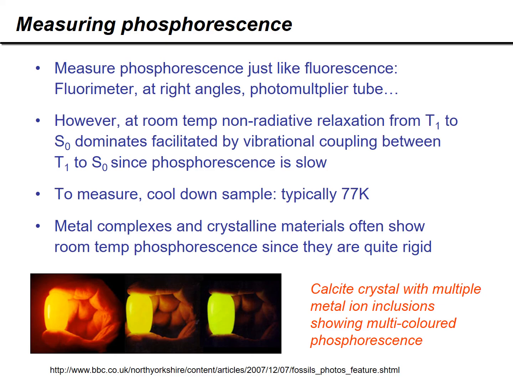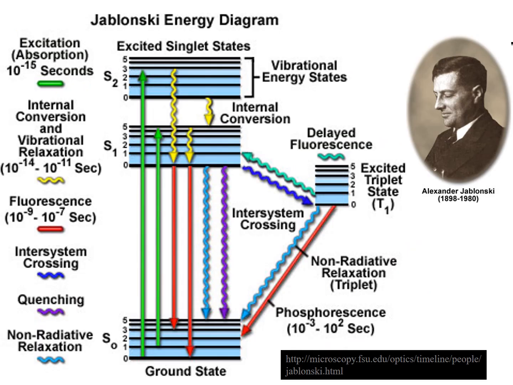All right, finally, here is a very busy, all-encompassing energy diagram. And these diagrams were pioneered by a fellow called Alexander Jablonski, who was a great photophysicist in the early parts of last century. So these are known as Jablonski diagrams.